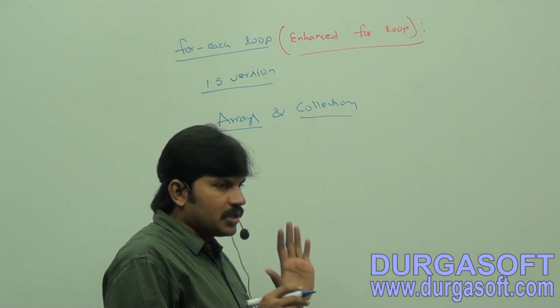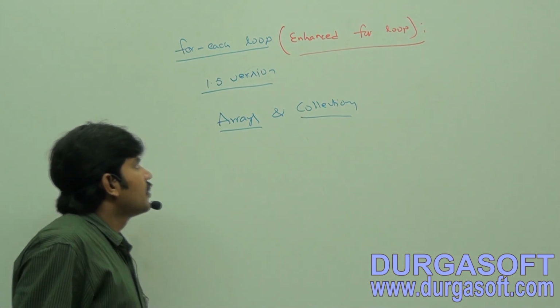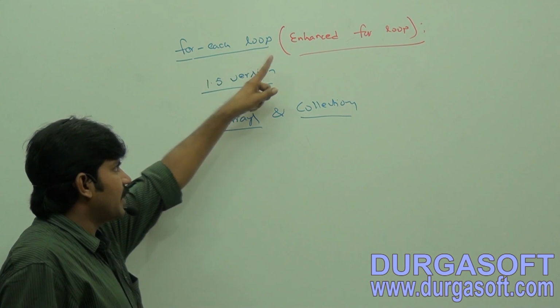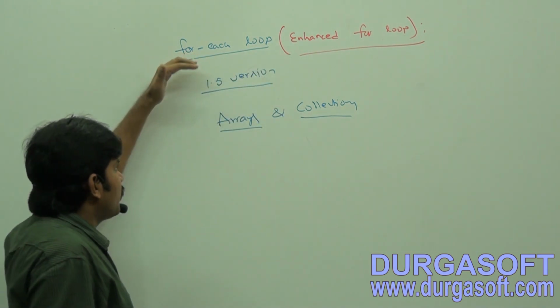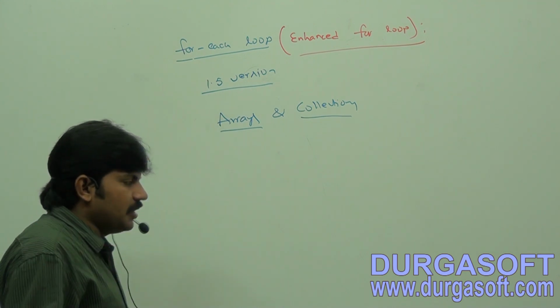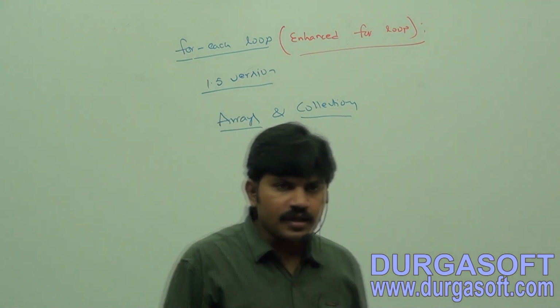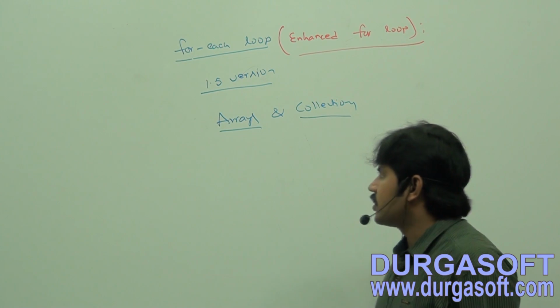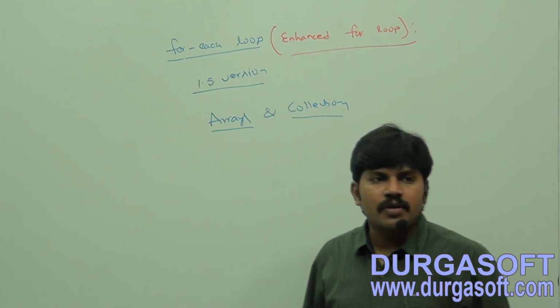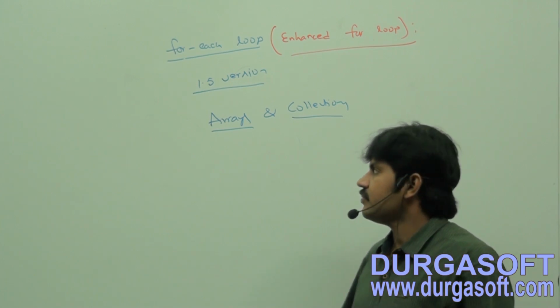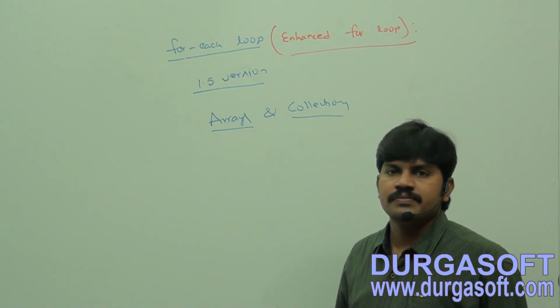I will go through multiple examples anyway. Enhanced for loop: first point, introduced in the 1.5 version.